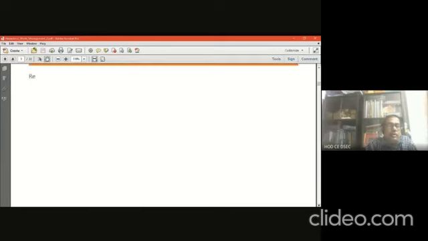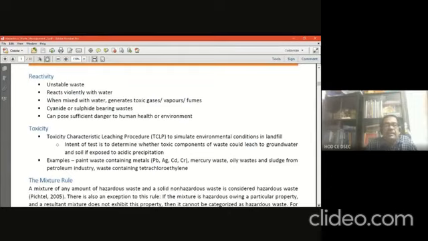Toxicity. Toxicity Characteristic Leaching Procedure, that is TCLP, is used to simulate environmental conditions in a landfill. The intent of the test is to determine whether toxic components of waste could leach into groundwater and soil if exposed to acidic precipitation.